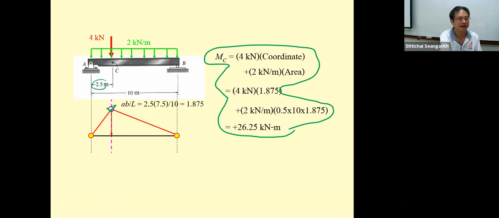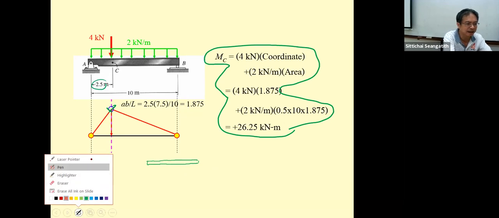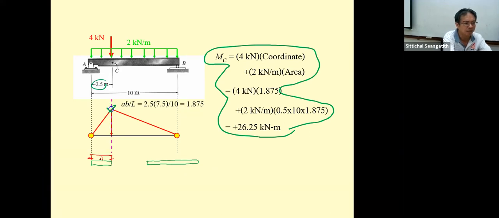You can use this M sub C. Okay, M sub C. If you know this, what I would like to explain to you is this beam can be separated into two pieces and is subjected to the force here on this one, and then you get the moment acting upon this. This is going to be 26.25 kilonewton.